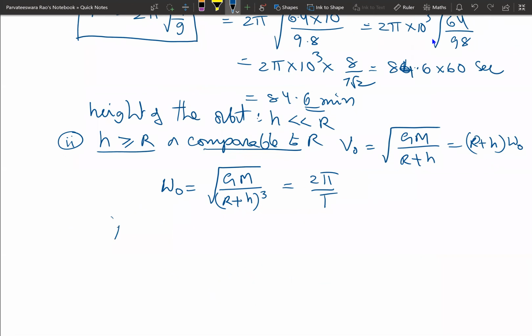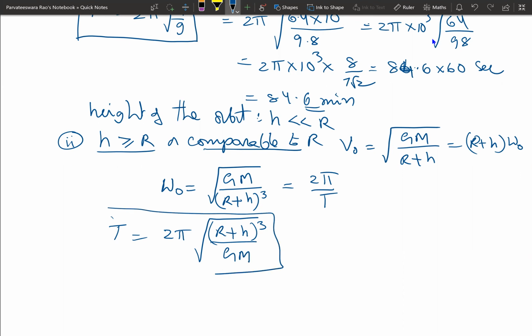Hence, the time period of a satellite whose height is comparable to Earth's radius is given by 2 pi under root of (R plus h) whole cube by GM.